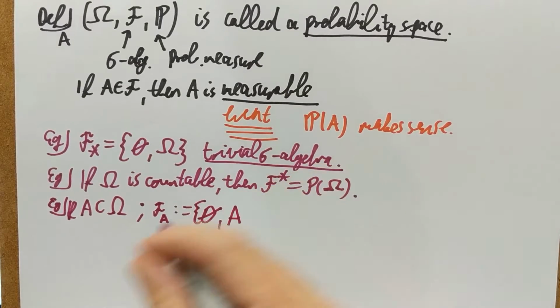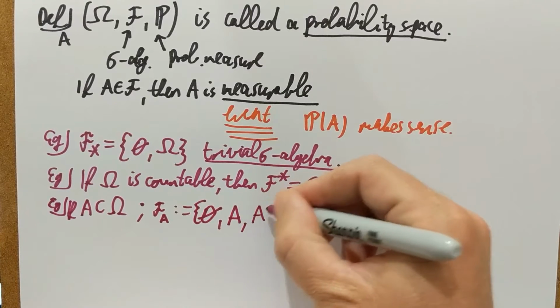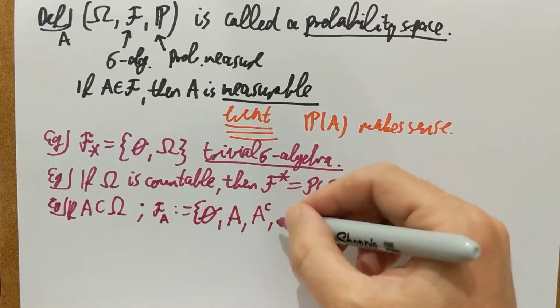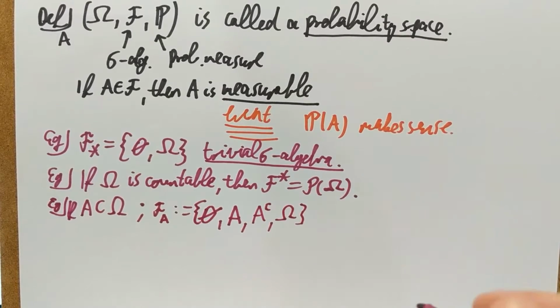Let's include the set A, then because of the properties its complement needs to be included, and then because of the defining properties, omega has to be included, and nothing else is needed. So this is a simple sigma algebra.